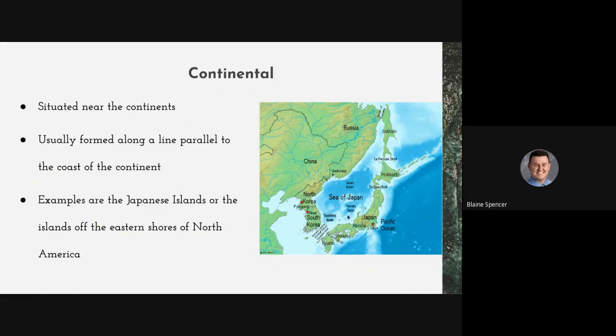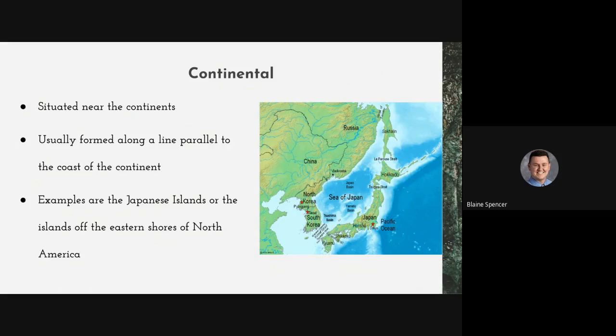They run parallel. When you look at North America, up in Alaska, and when you look off the East Coast, there are some islands that are running parallel to the coast. These are continental islands.